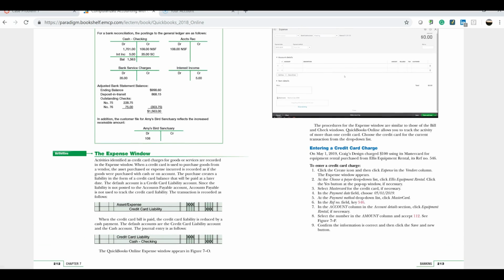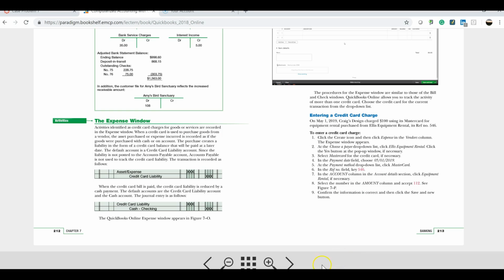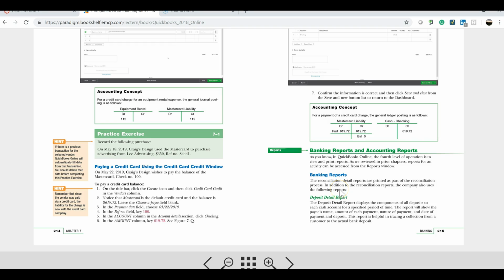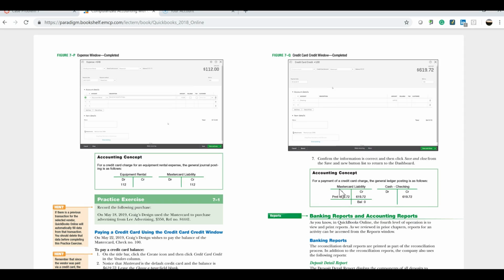And then you get to the credit card charge, where you learn about how to journalize a credit card charge. Gives you step by step, shows you what happens, and then step by step how to do it. And you get to practice that.